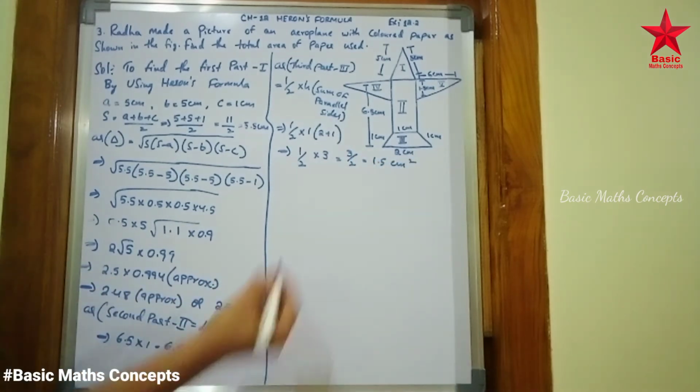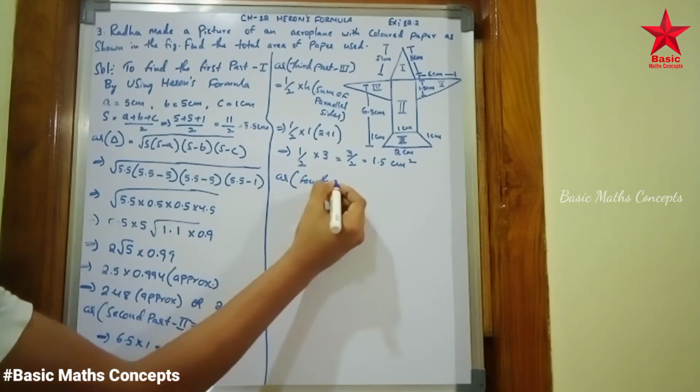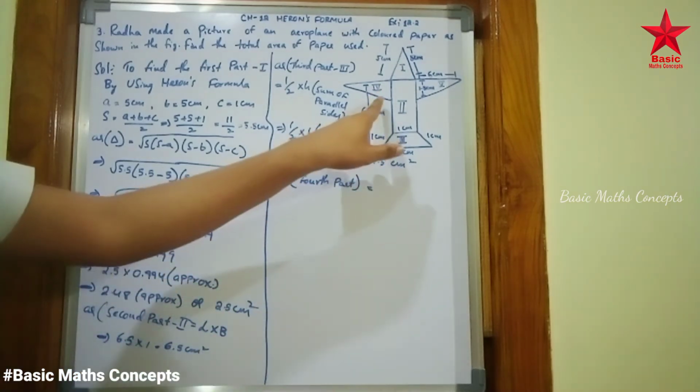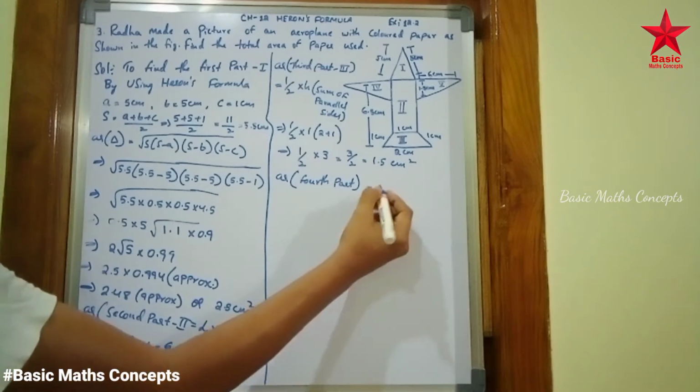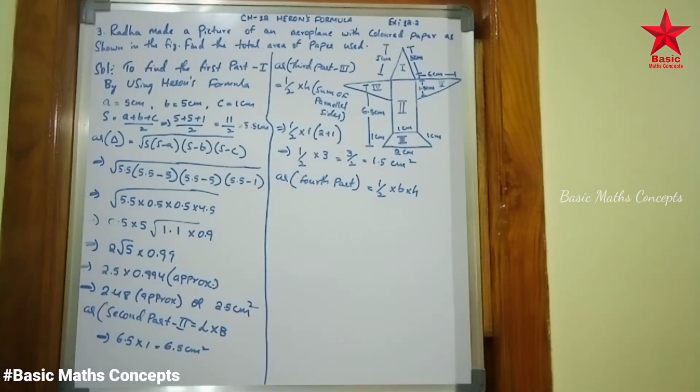Next, the area of the fourth part. To find the fourth part, it is half into base into height. What is the base and what is the height? The base is 6 centimeters.